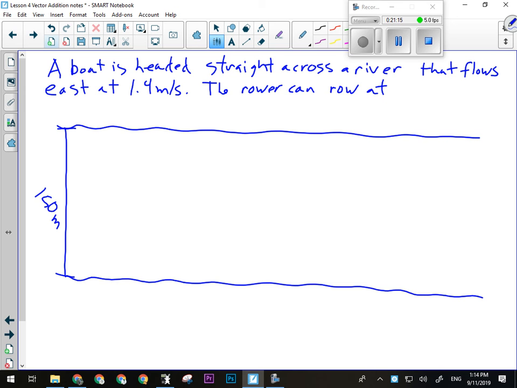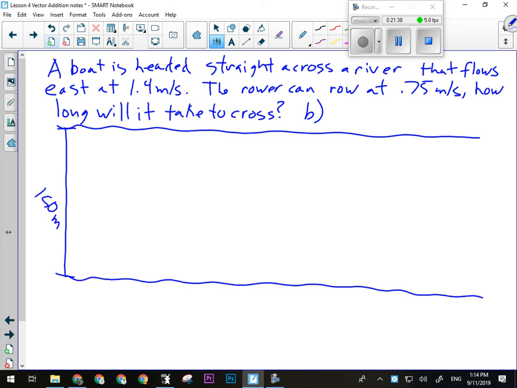The rower who's rowing the boat can row at 0.75 meters per second. Part A, how long will it take to cross? Part B, how far downstream will they be when they get across?